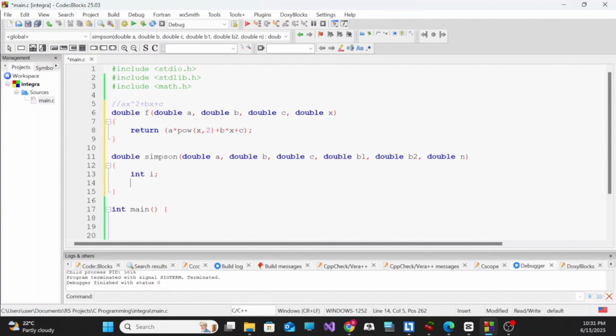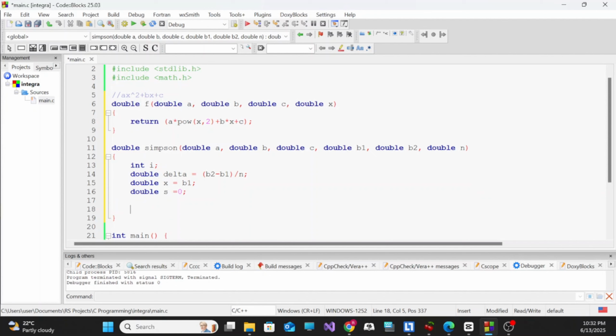Int i, double delta is equal to b2 minus b1 divided by n, the number of slices. Double x equal b1, this is the first boundary, the first point we start with. Double s is initiated at 0, that's the sum that will keep adding up the areas of the respective slices underneath the curve. For i equals 0, i less than n, i plus plus.